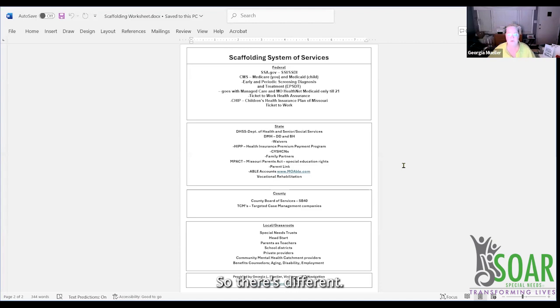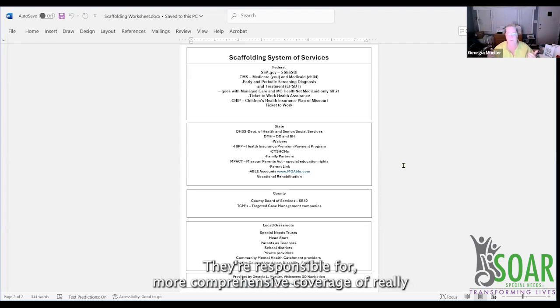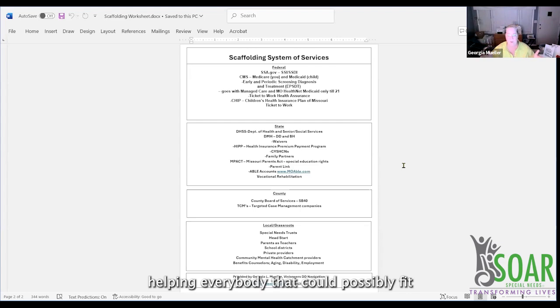Every single entity here interacts with other entities on different levels, depending on what they're responsible for. Again, the bigger organizations are responsible for more. Of course, they're responsible for more funding. They're responsible for more comprehensive coverage of really helping everybody that could possibly fit into those categories.